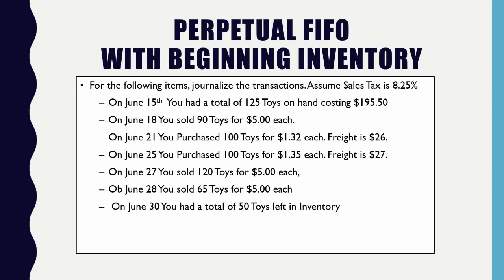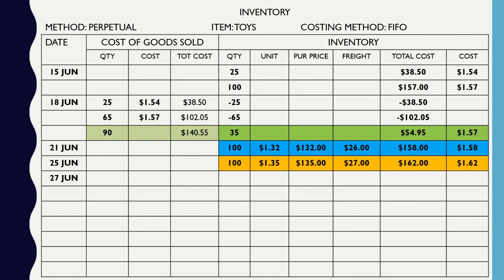So again, then on the 27th, we sold another 120 toys. In this case, you use the same scenario here. I'm going to take from my green batch 35, and then I'm going to take the remaining 85 from my blue batch. Since I already know I'm going to take the whole green batch, I'm going to zero it out.